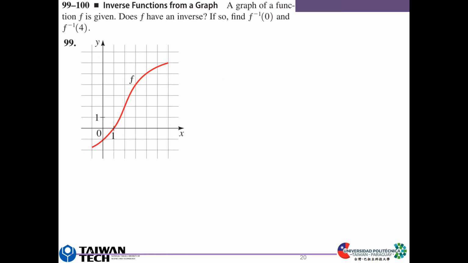If so, find f inverse of 0 and f inverse of 4. For inverse functions, they are symmetric about y equals x, because you switch x and y, so it's symmetric about y equals x.